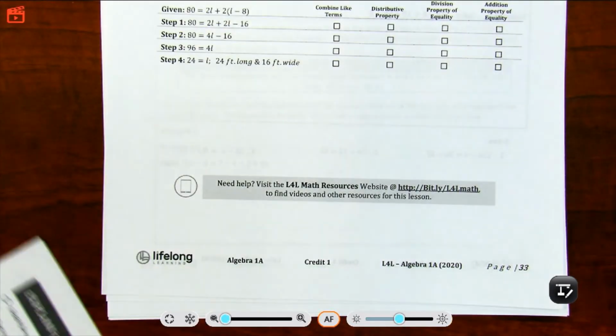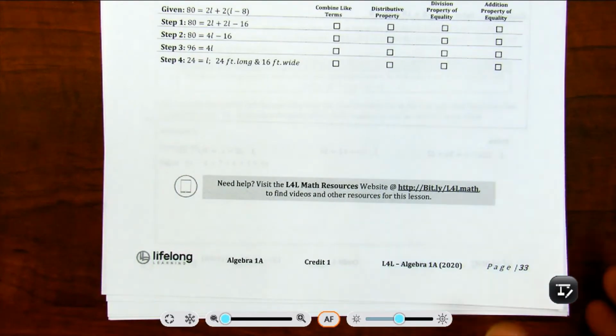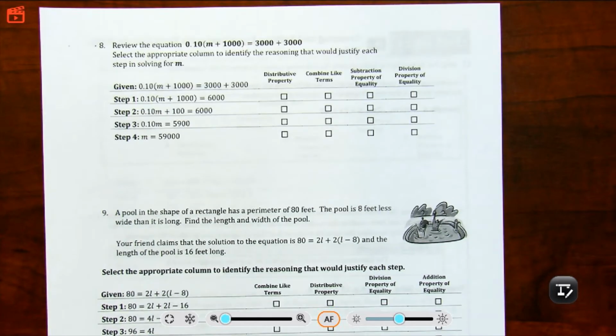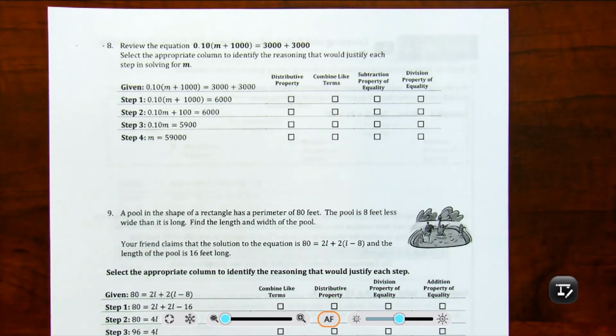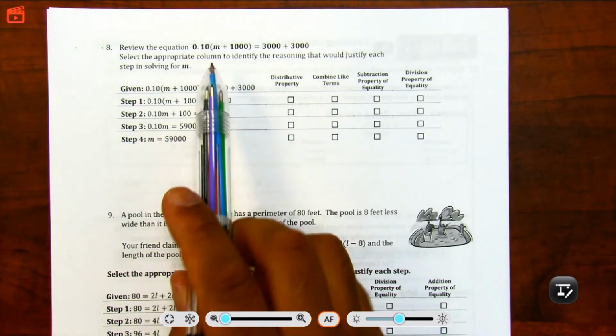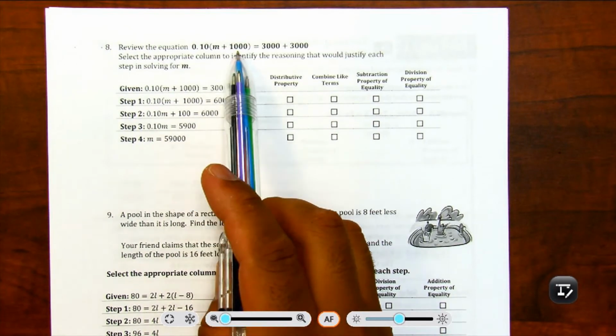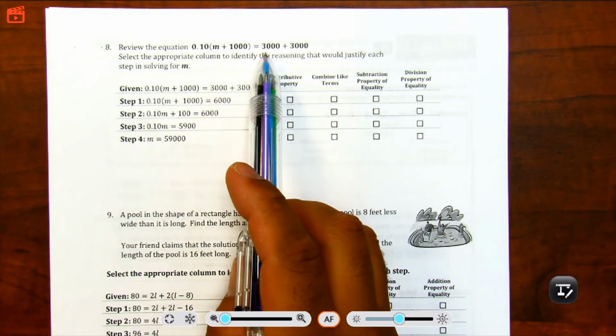Okay, and then you're given some problems where you have to check the correct property that is used for the given problem. So if you're given a problem, 0.10 times m plus 1,000 is equal to 3,000 plus 3,000.